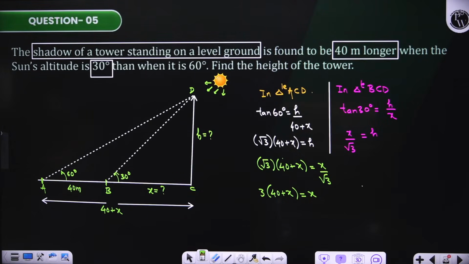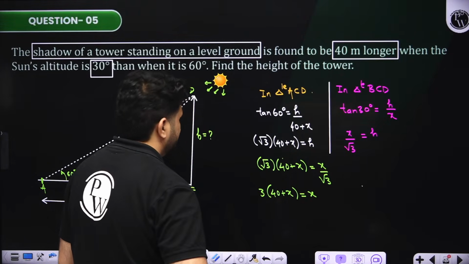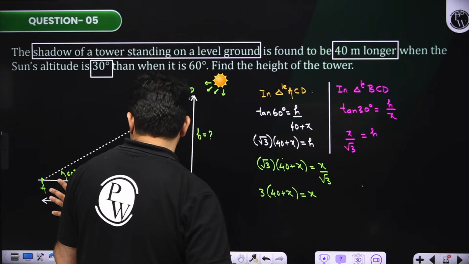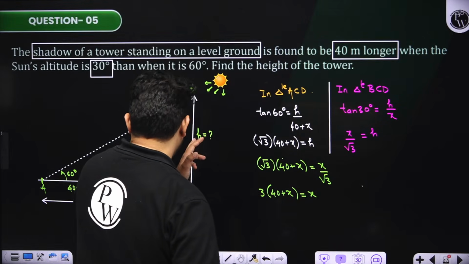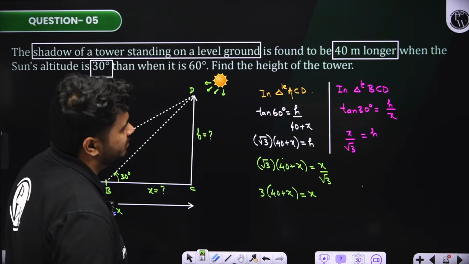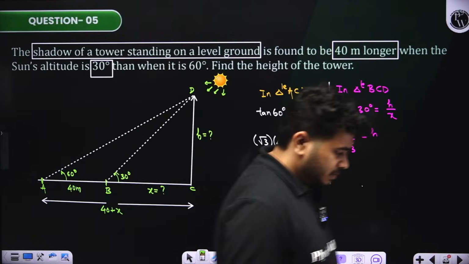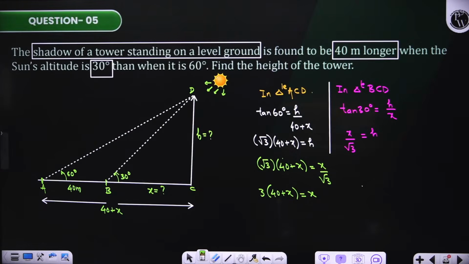Where is the mistake? Tan 60 degree value is root 3. Fine. Tan 60 degrees, the 60 degree angle will be here. Here opposite is h divided by 40 plus x, root 3, and there we have h divided by x again. Just check one thing, students, because the x value is coming negative, it should not come negative.